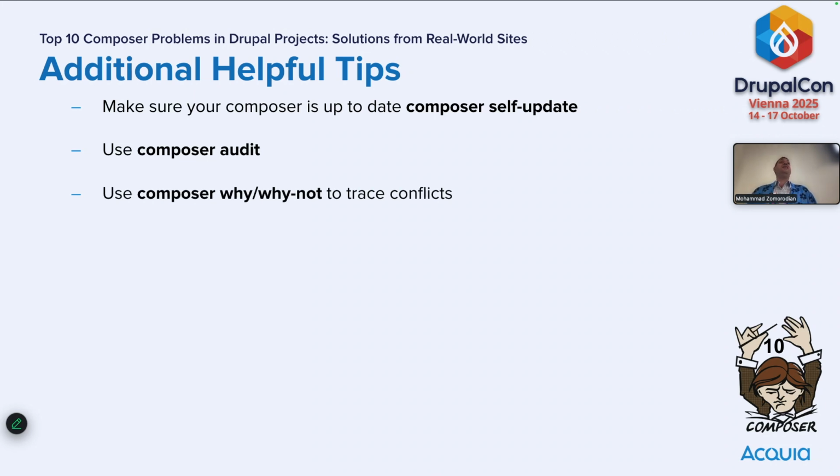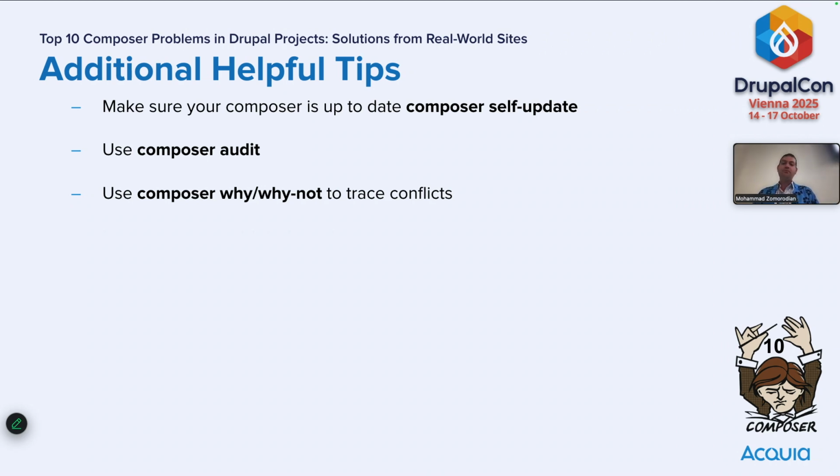Composer why and composer why-not are some of the best commands to identify and track Composer conflicts. When you're seeing a conflict, you run composer why with the project name, which will tell you why you're getting this error, which project is requiring which project, and which one is a dependency of the other.